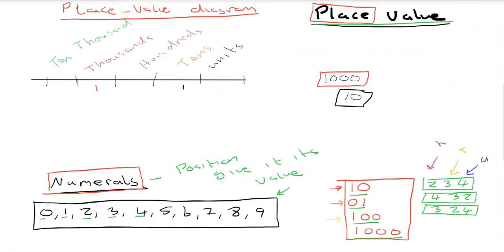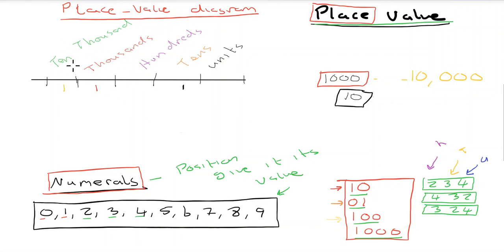Okay. If I was to place the 1 up here, that gives me 10,000. So you can see that you have 4 places after the 1, but they all represent different values. So you have 10, 1,000, and 10,000. And that's what we mean by place values.